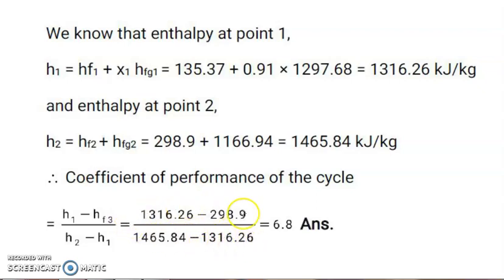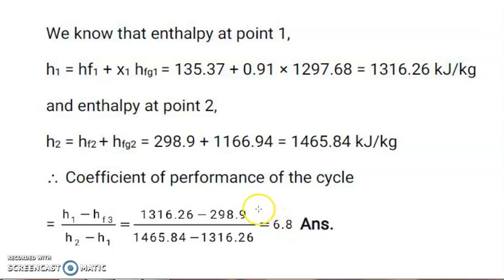If you calculate this, you will get the COP is equal to 6.8. So you observed here, the COP is always greater than 1, and the efficiency is always less than 1, like 90%, 70%, but COP is always greater than 1, and here also you are getting 6.8.